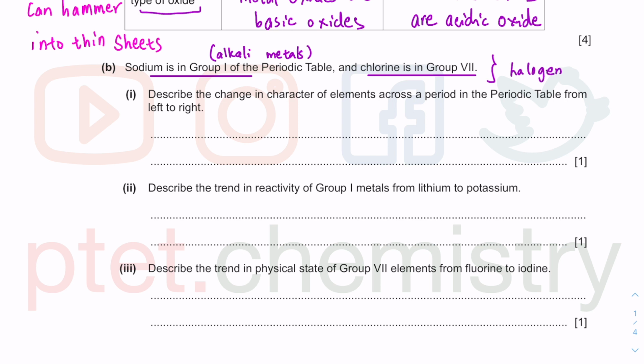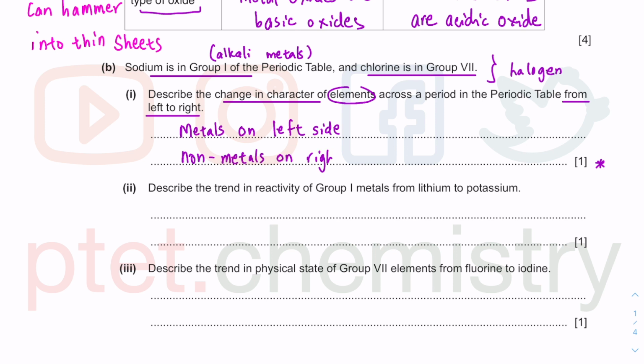Now describe the change in character of the elements across a period. Across meaning from left to right, for only 1 mark. Really get straight to the point. We have metallic elements or metals on the left side of the periodic table, and then we also have non-metals on the right side of the periodic table.